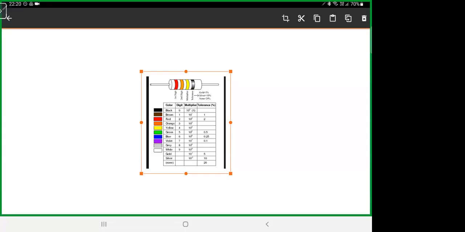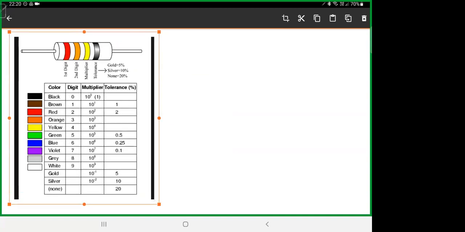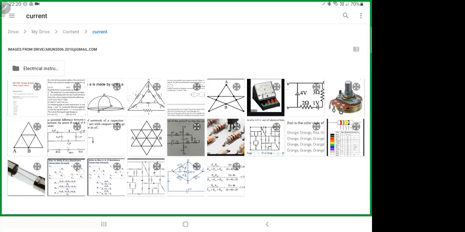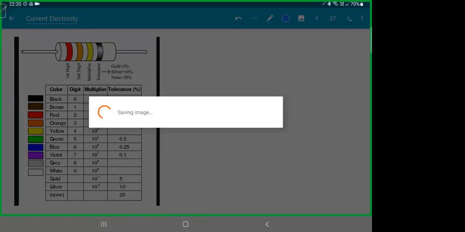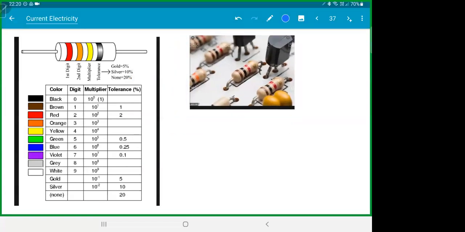This you need to mug up. There's no logic there. If you ever go into a lab and see a resistor, it looks like this. This is how resistors look. They have a color coding on top of it. So seeing that color, you can tell what is the value of the resistance.